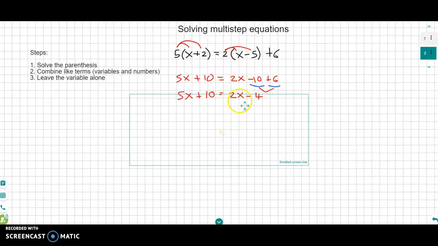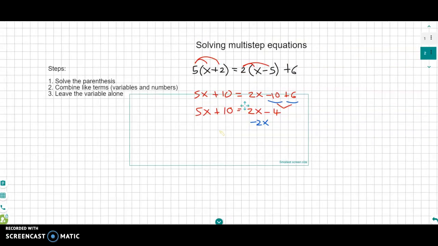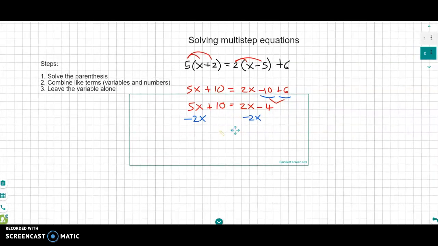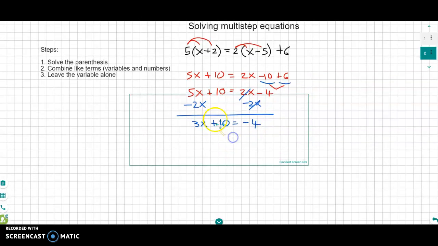But remember that we have to do the same here to the left of the equation. It's like a balance. So if we solve that process, if we subtract 5x minus 2x, that makes 3x plus 10 equals, so 2x minus 2x, that makes 0, minus 4. Okay, and check that now we have an equation that we are used to solving.